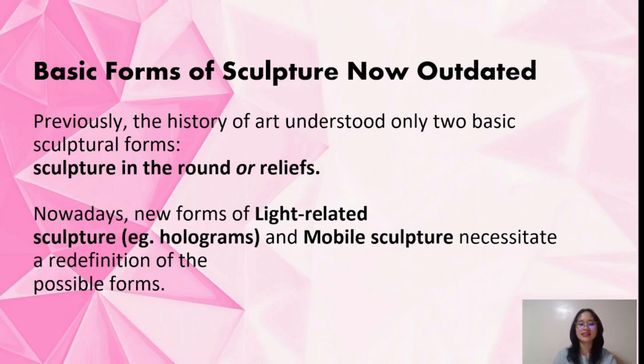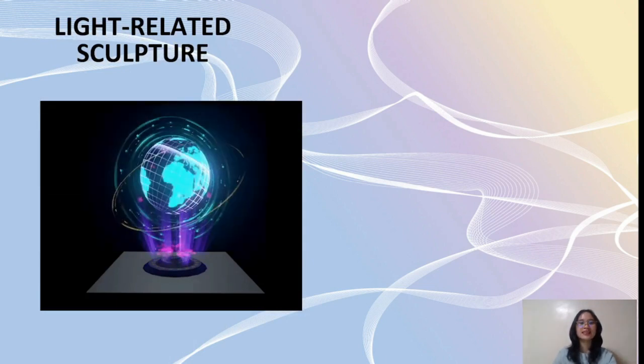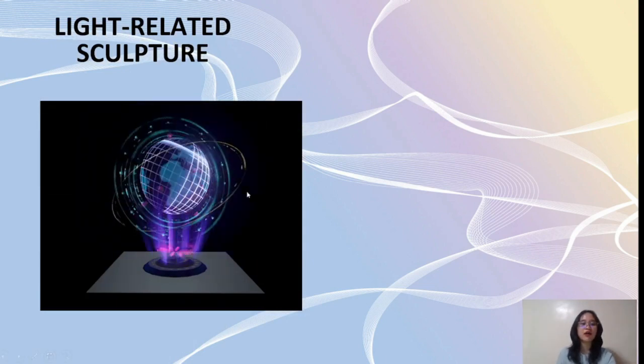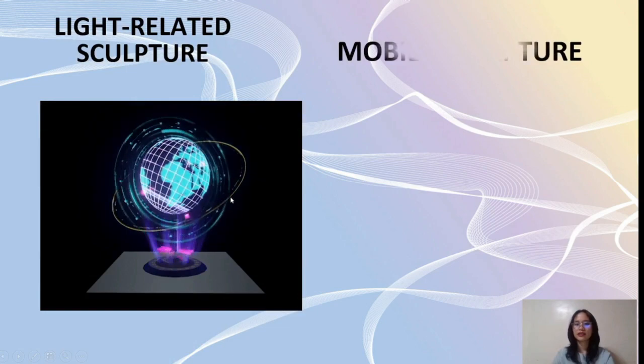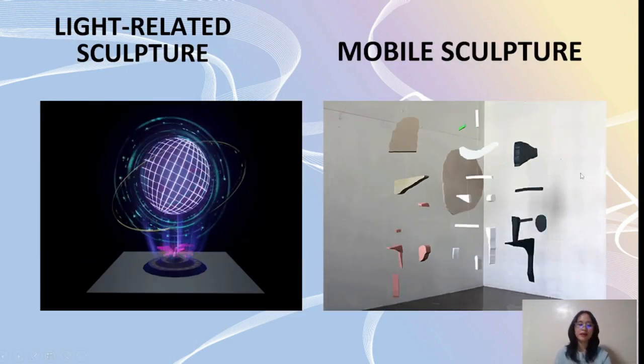The next slide is the examples of light-related sculpture and mobile sculpture for you to become more enlightened. This is a 3D hologram. Mobile sculpture this is its example.